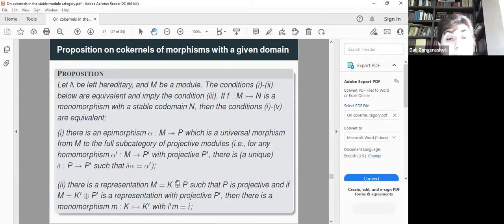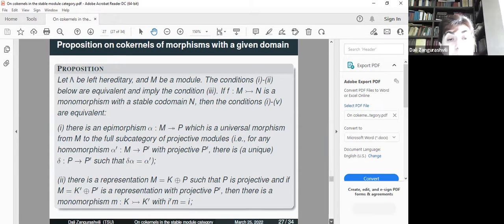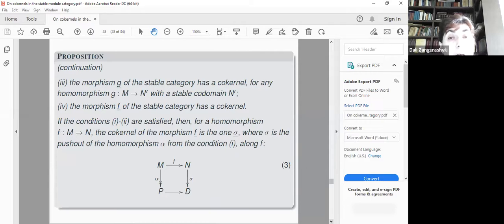This actually is a condition from that theorem. The theorem says that these two conditions are equivalent. But if there is a monomorphism from M with a stable codomain N, then we have also three other equivalent conditions. The third condition asserts that any morphism of the stable category which has a representative with a stable codomain has a cokernel.